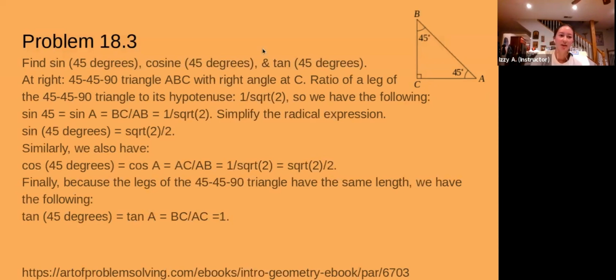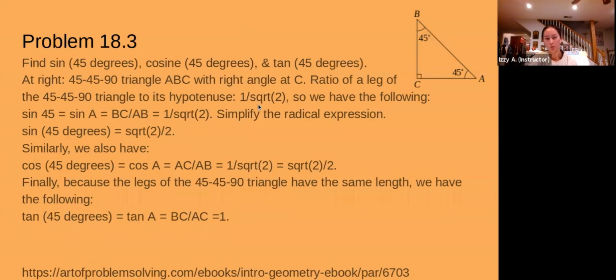Okay, so on the right, we have a 45, 45, 90 degree triangle ABC with the right angle at C. The ratio of a leg of the 45, 45, 90 degree triangle to its hypotenuse would be 1 over square root of 2, because if the legs were equal to 1, then the hypotenuse would be equal to 1 square root of 2.